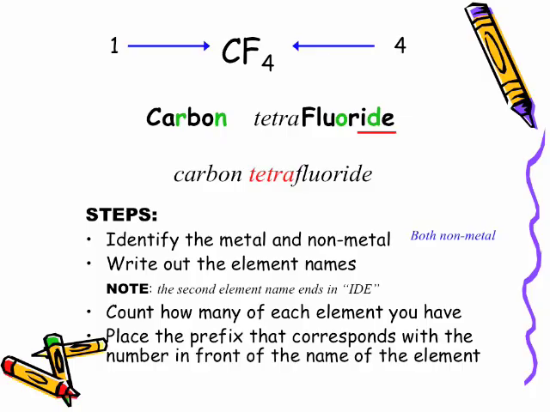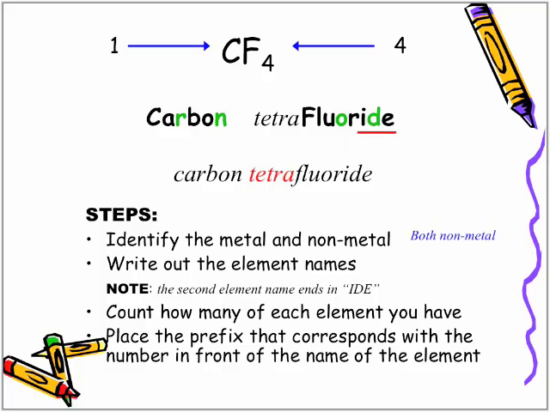Normally for one, we know it's mono, but we're not going to write mono. We're just going to keep it as carbon. And notice we have four fluorides. The prefix for 4 is tetra, and we put it at the beginning. So there are 4 fluorides, so it's tetrafluoride. The name of this compound is carbon tetrafluoride.